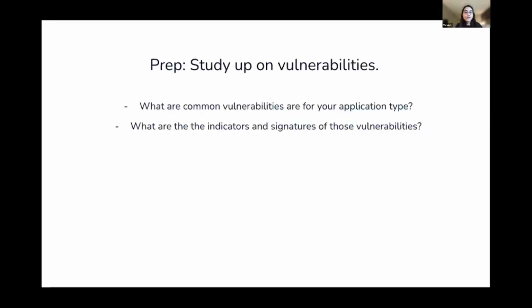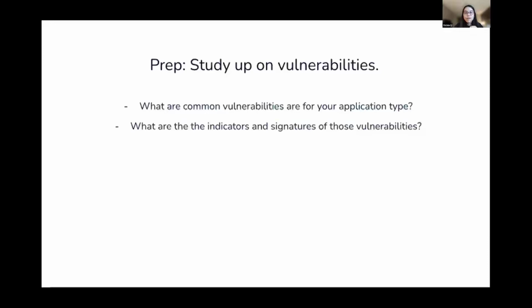And if your application lets users interact with the database via their user input, then you might be looking at some SQL injections, for instance. So knowing what the major vulnerabilities are and getting familiar with the indicators and the signatures of those vulnerabilities will really help you look for similar patterns in your source code.